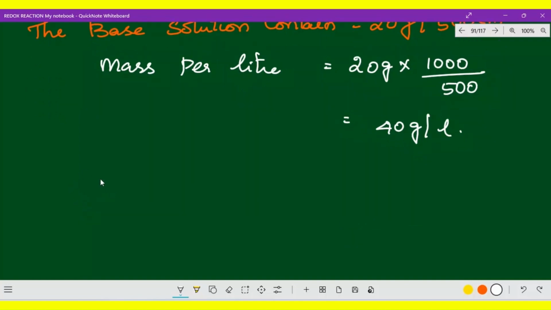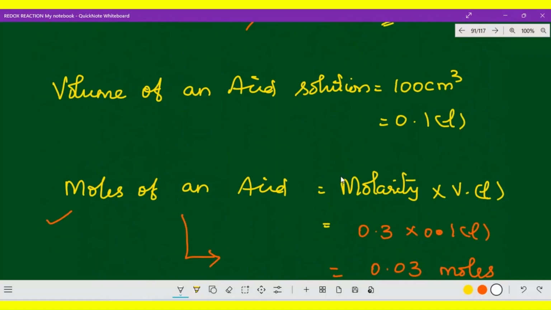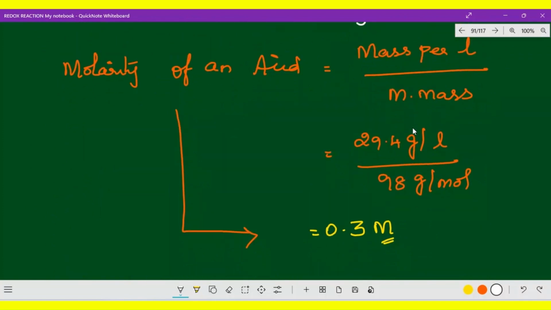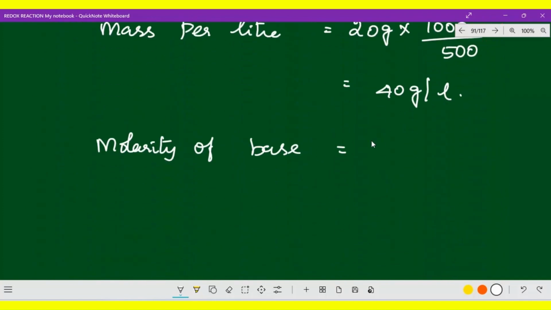Right, now the molarity of sodium hydroxide will be easy for us to identify. Molarity of base, the same way as molarity of acid. The formula is mass per liter divided by molar mass.